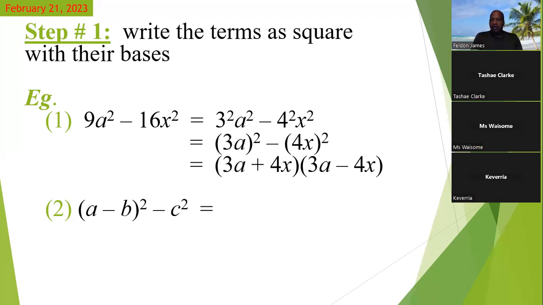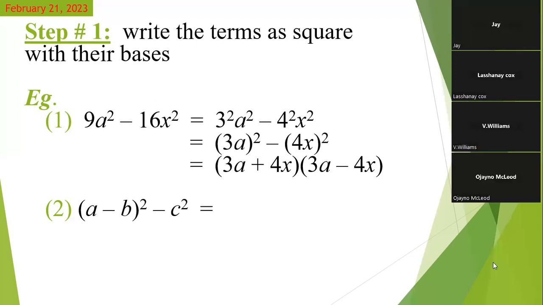Miss Cabrera, do we have a difference of square? I do not know. All right. Sometimes you just need to look carefully at the expression and see if you have a square term minus another square term. Let me find out.